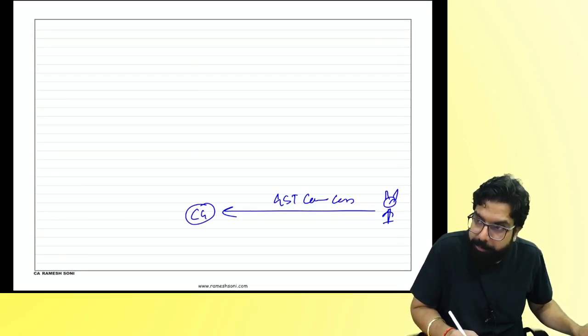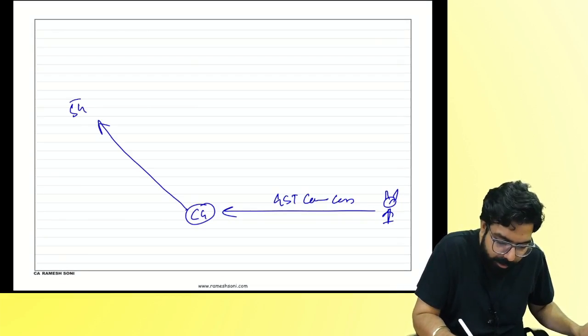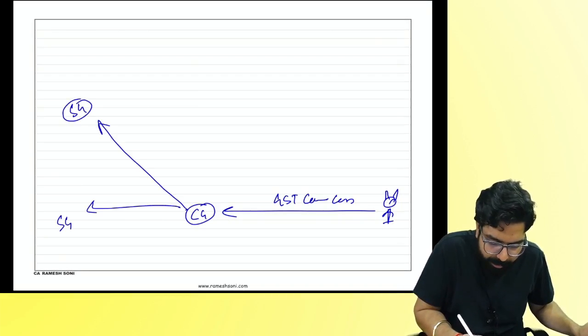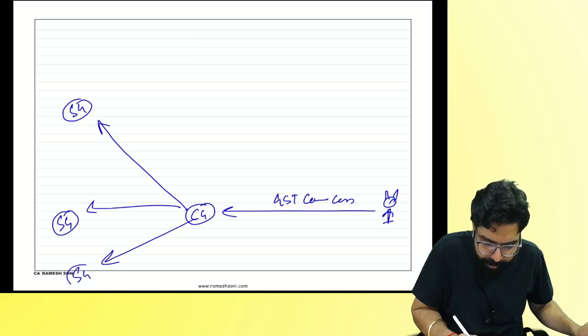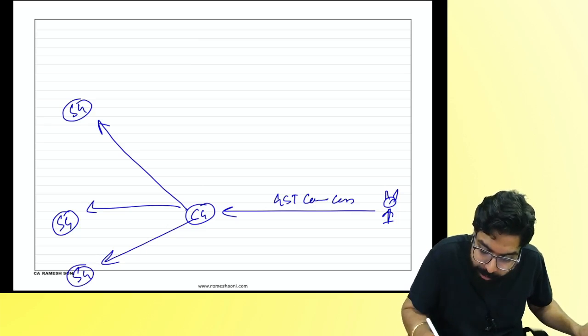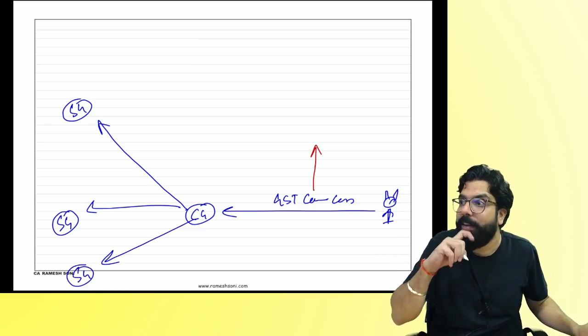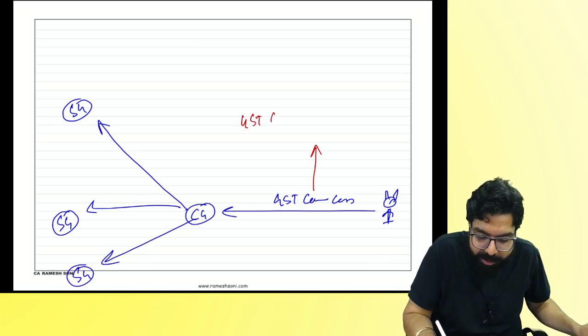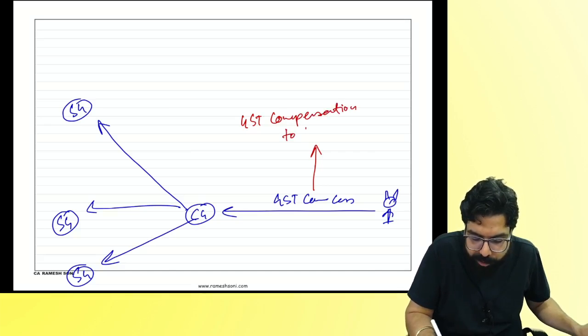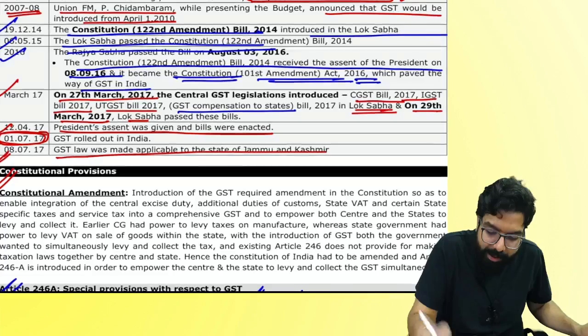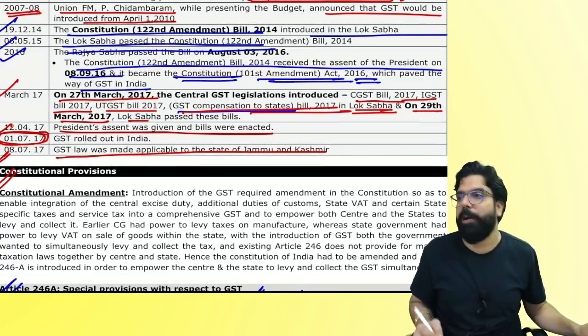Central government will collect. Whichever state is crying, state government ko government will go ahead and distribute. Are we clear? Now to collect GST compensation cess, Baba, any tax to be collected, there has to be an act. And hence government made the GST compensation to state act. And this was the bill which was passed through the Lok Sabha.